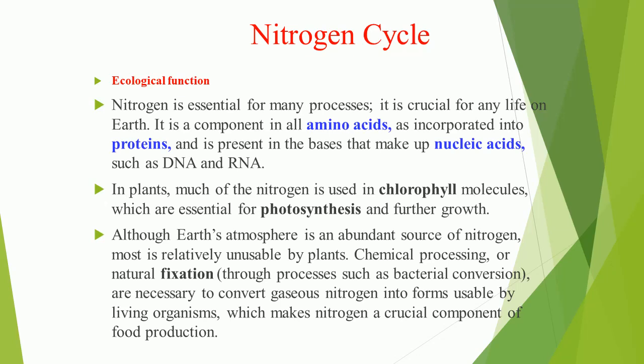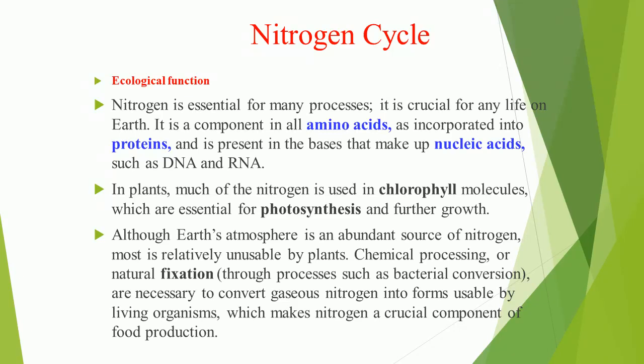It is a component in all amino acids, as incorporated into proteins, and is present in the bases that make up nucleic acids, such as DNA and RNA. In plants, much of the nitrogen is used in chlorophyll molecules, which are essential for photosynthesis and further growth.